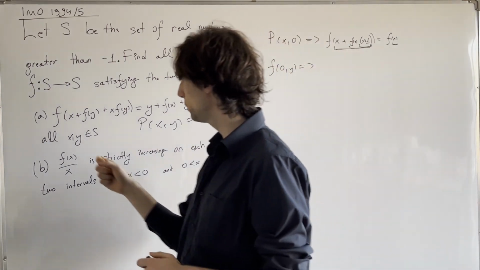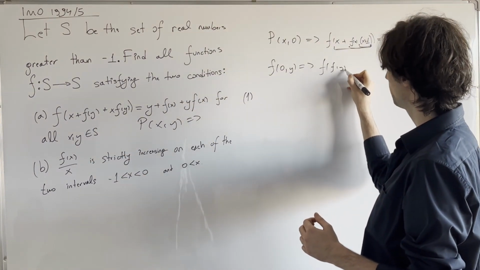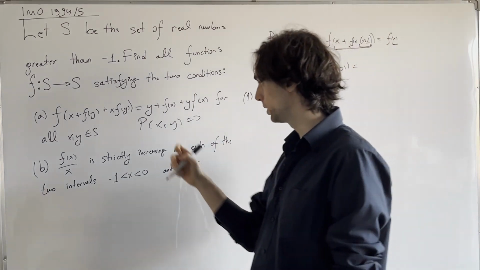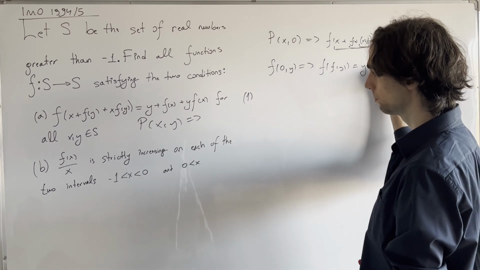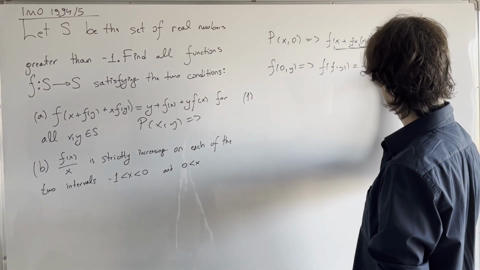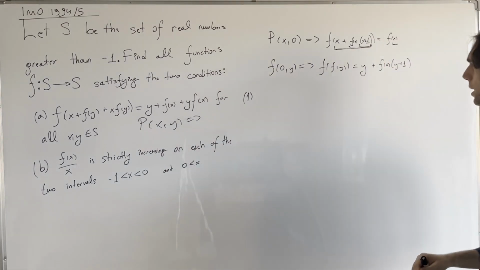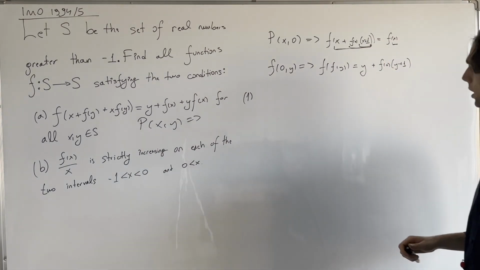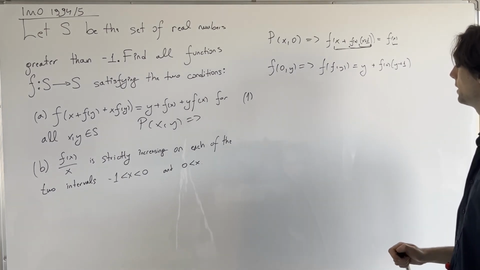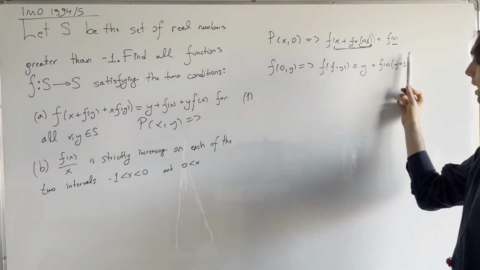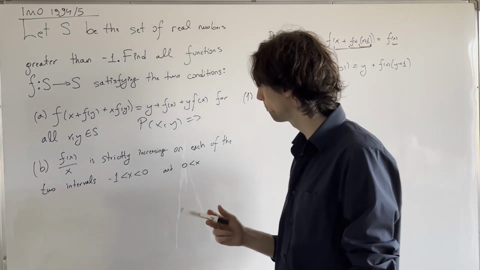With x as 0, we get f of y is equal to y plus f of 0 times y plus 1. So it's sort of the same thing we just had over here. Now maybe if instead of x, I plug in f of x, I can get it down to this thing right here.